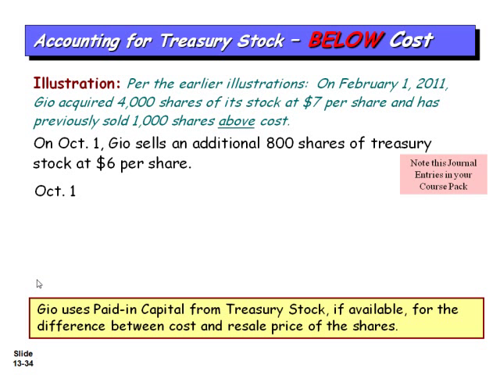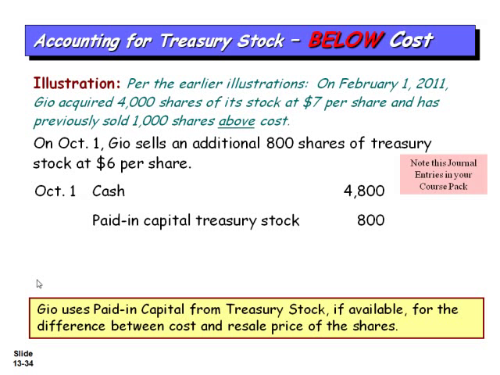Okay, let's take a loss. I shouldn't say loss. Let's say we sold the treasury below cost. Now we've already done the first sale, and I want you to keep track of that. The first sale was for 1,000 shares. This sale's for 800 shares. And the market has dropped and we're selling it for $6 a share. Debit cash, 800 times 6.